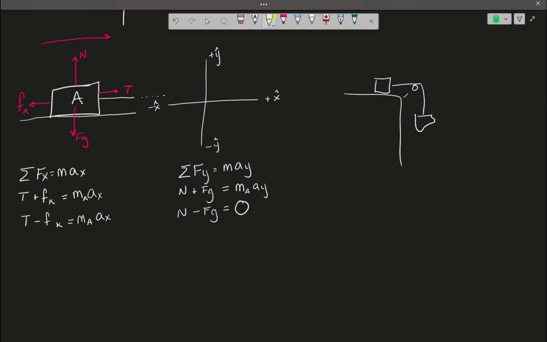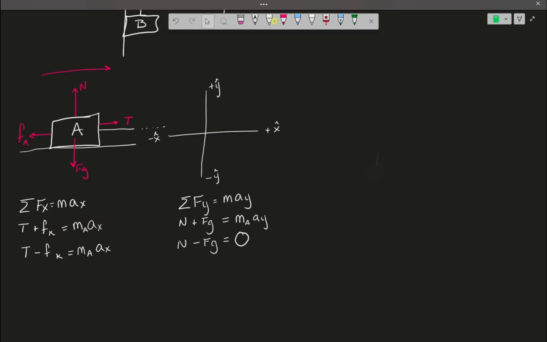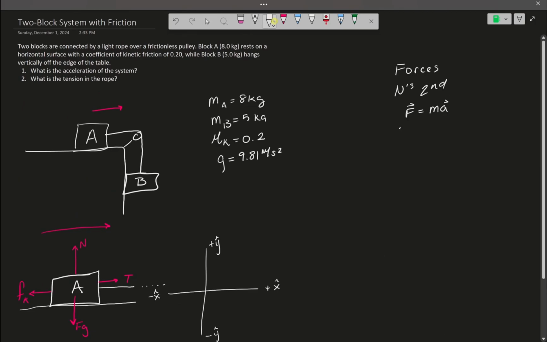Now the next thing that I want to do is I want to see if I can replace any of these variables in these equations with a more specific version, right? So I know generally that my force of kinetic friction is equal to my coefficient of kinetic friction times the normal force, and I know that the force of gravity is equal to the mass times g.